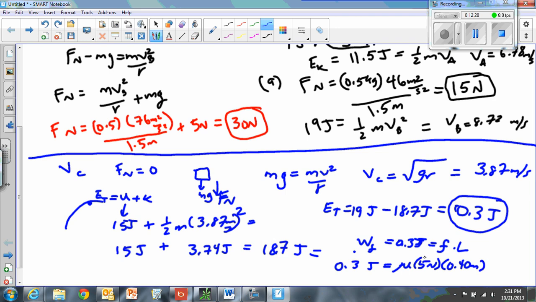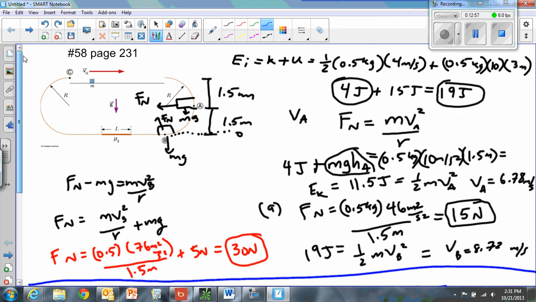So 0.3 divided by parentheses 5 times 0.4, and I get 0.15. I think the book got 0.17, but I rounded. I used 10 instead of 9.81, so same thing. So there's your answer to that last part, 0.15. Is that the last part? Yep. That's how you do number 58 on page 231.